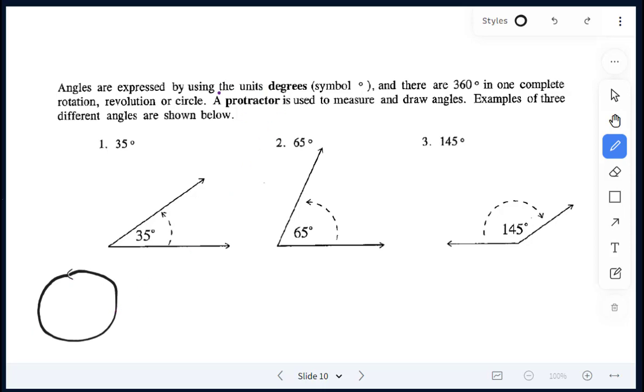A protractor is what we use to measure and draw angles. Here are three different angles below. This is showing 35 degrees. Again, there's our degree symbol. This would be 65 degrees. And then this is showing 145 degrees.